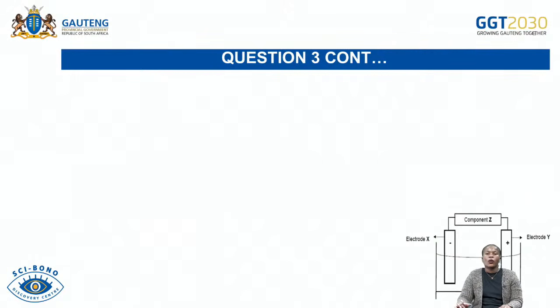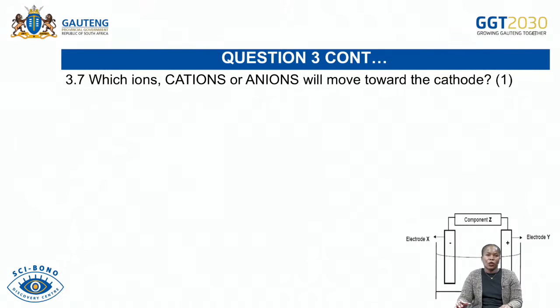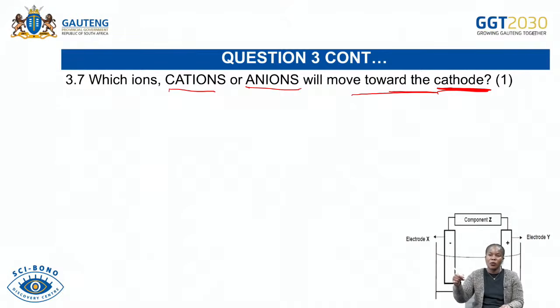Moving right along, we're still on question 3. Which ions, is it the cations or the anions, that will move towards the cathode? That means that we need to know which one is our cathode. Cathode is the negative electrode.